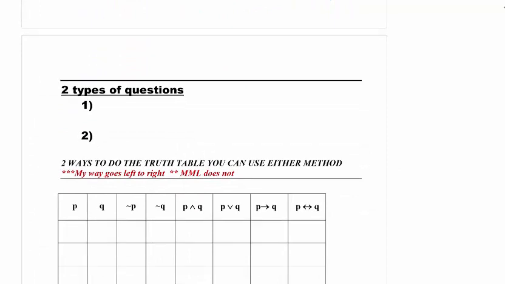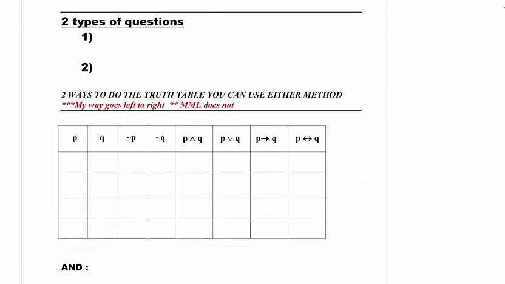So our next piece is, again, a summary page of what we're going to deal with in these sections. I already mentioned this. The first one is they're going to ask for a truth value.